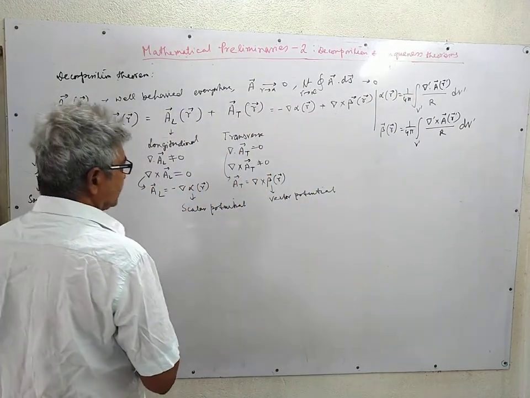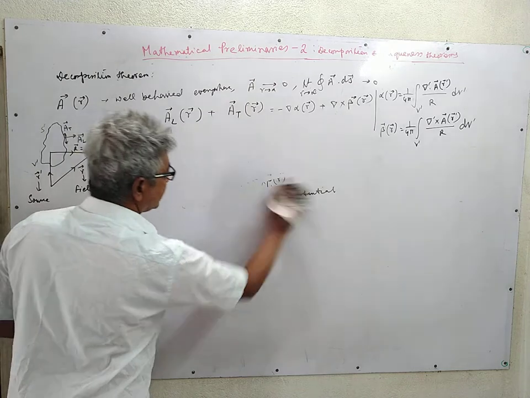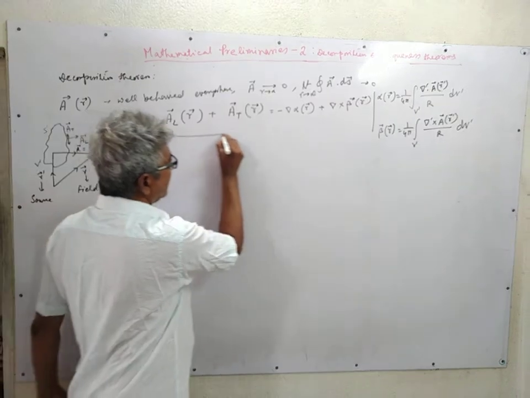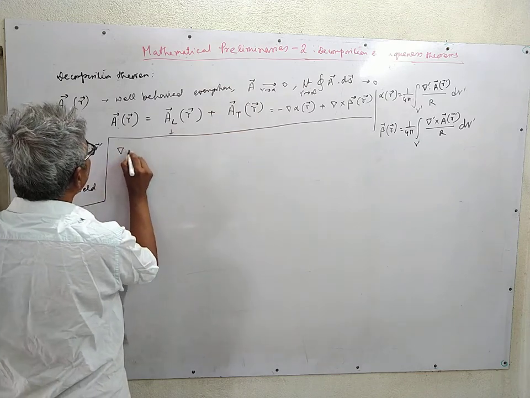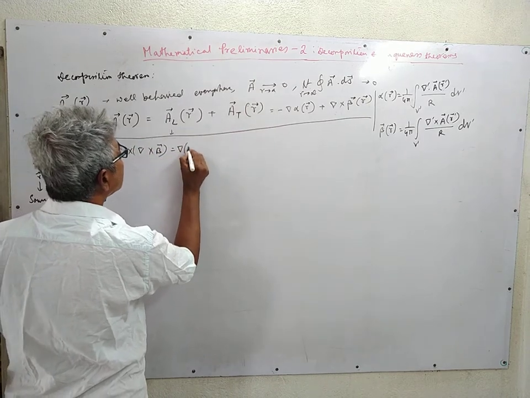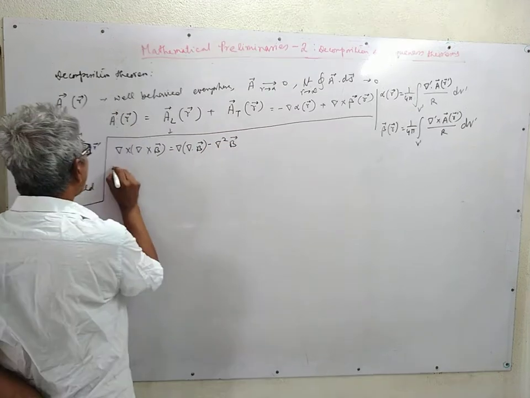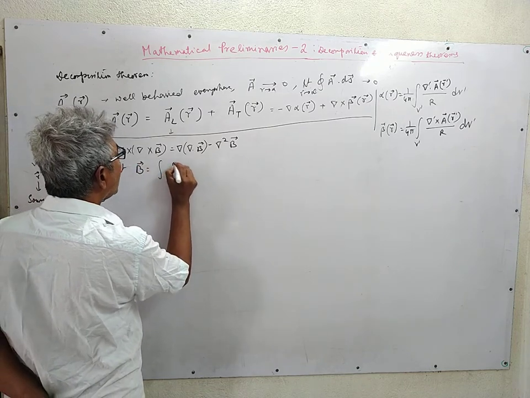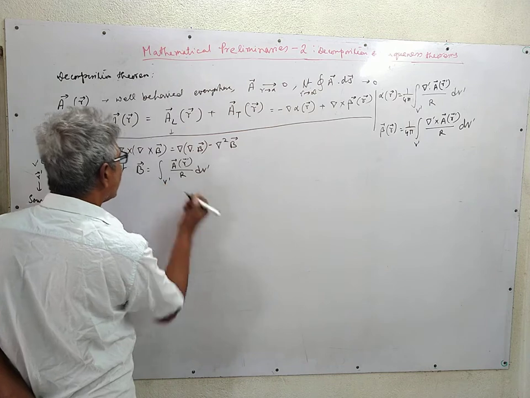To achieve this relation, we shall use a vector identity: curl of curl B for any vector B can be written as minus Laplacian of B plus gradient of divergence of B. We take a special B equal to the integral of A of r prime by script r dv prime over v prime.